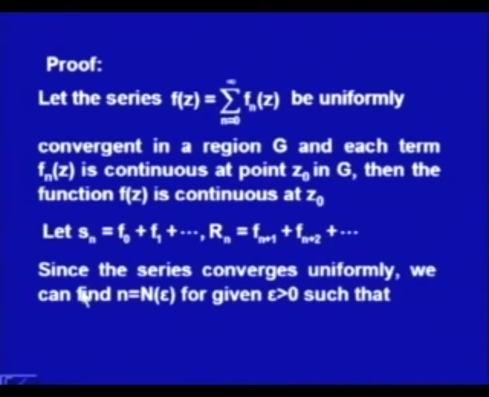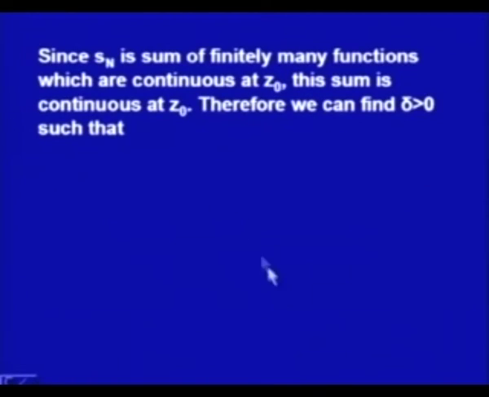Since the series converges uniformly, which is given to us, we can find N, which is a function of epsilon, for given epsilon greater than 0, such that the modulus of R_n(z) is less than epsilon by 3 for all z in G. I have taken an arbitrary value as epsilon by 3. This is by definition of convergence, and since S_n is a sum of finitely many functions which are continuous at z naught, this sum is continuous at z naught.